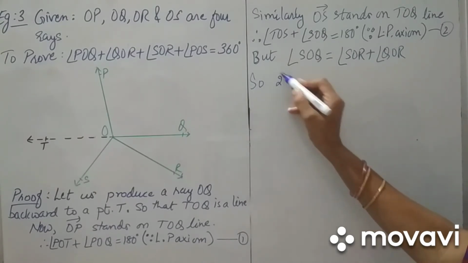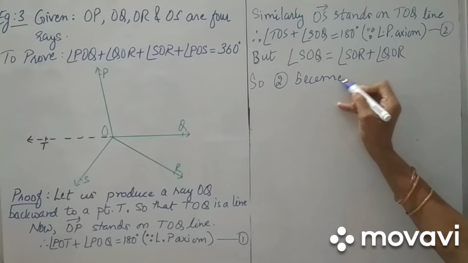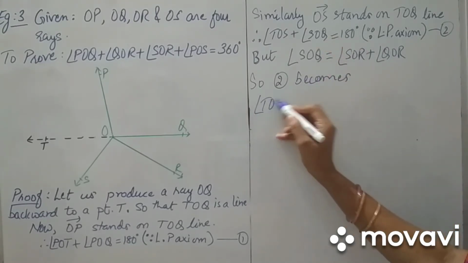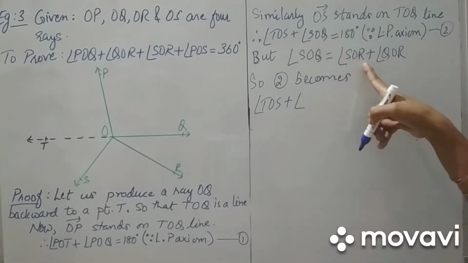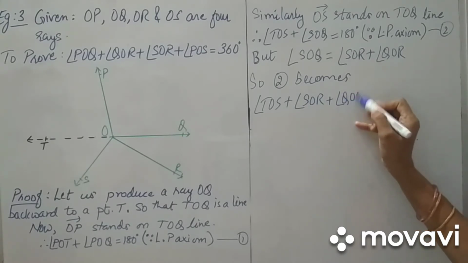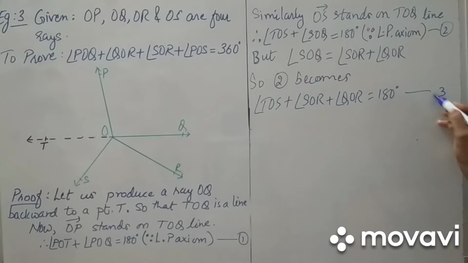So equation 2 becomes like this: angle TOS plus, instead of SOQ, I can write these angles, SOR plus angle QOR, is equal to 180 degrees. This we name as 3.